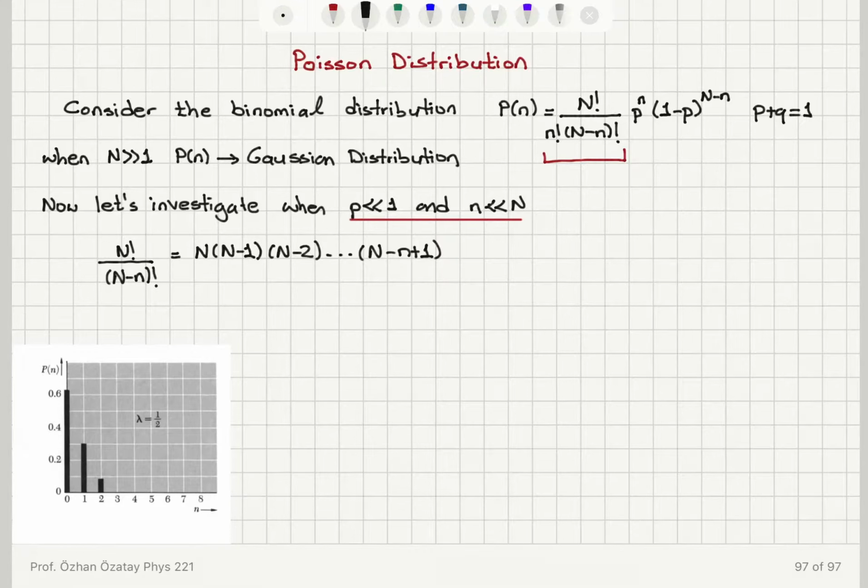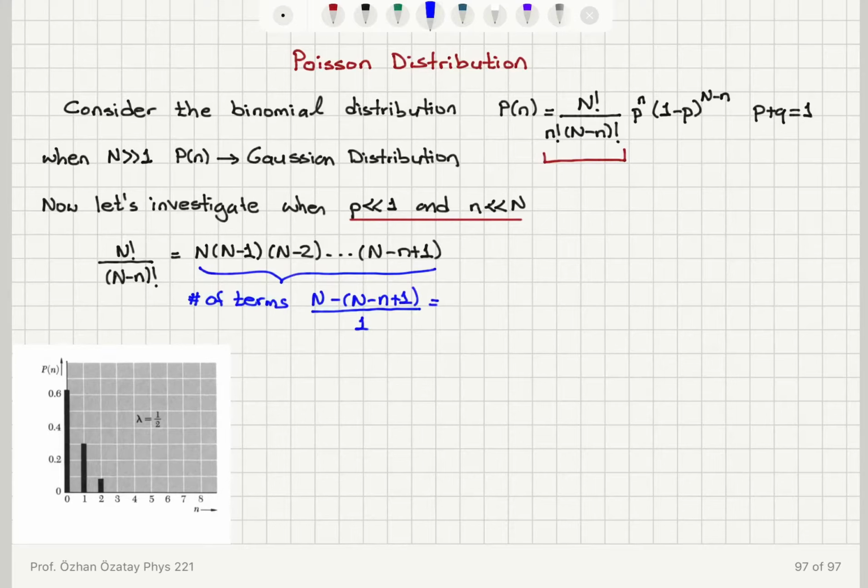And I ask myself, how many terms do I have here? The number of terms is, if you calculate, the last term is capital N, the first term is capital N minus n plus 1, divided by the increments of 1.